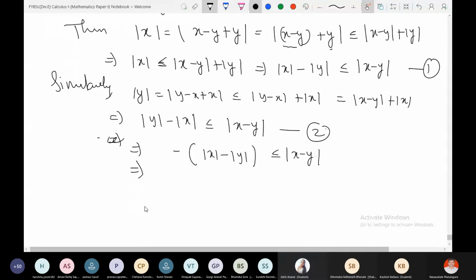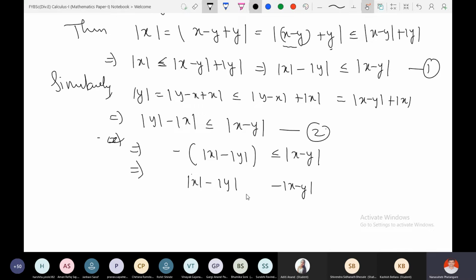Right, so I am just taking minus sign outside, and now I will multiply both sides by a negative number, which is minus 1. So what I will get? It's greater than or equal. Very good. So, greater than or equal to absolute value of x minus absolute value of y.